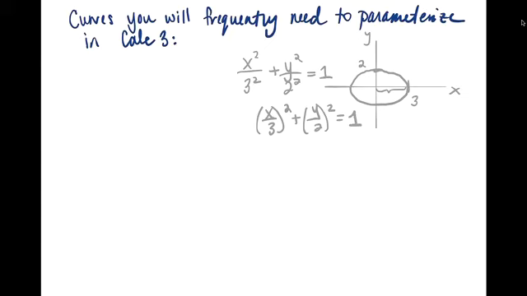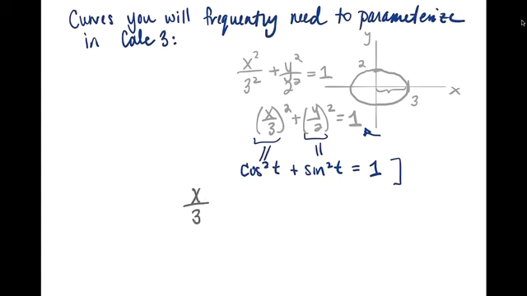So if I want to parameterize this, again, I have a sum of squares. And so I can say, wait, this reminds me of cosine squared plus sine squared. In this case, since I have it in the standard form of the ellipse, I don't need to multiply this equation through by anything. I just need to set these equal here and here. Again, I'm just going to take positive square roots when I set them equal to each other, and you can take negatives, it's just going to change which direction things are moving.